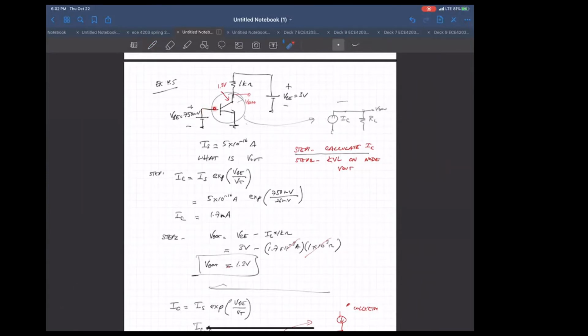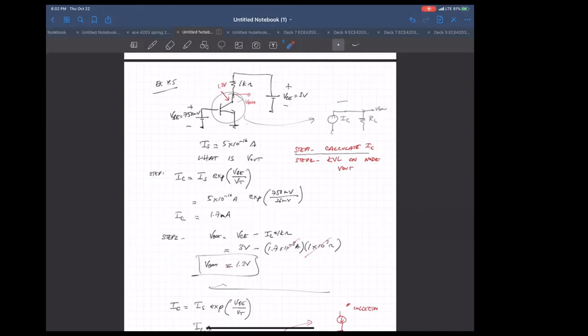So it's N, P, N. This P, in this PN junction, is 550 millivolts below the N, which means it's reverse biased.